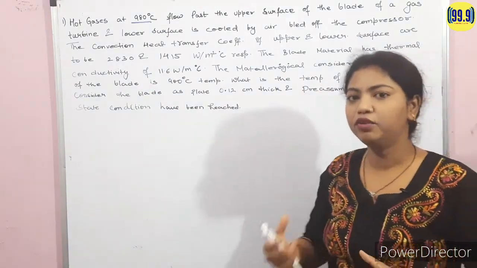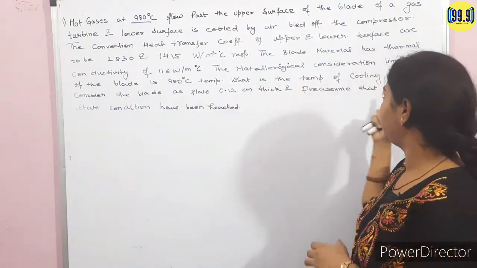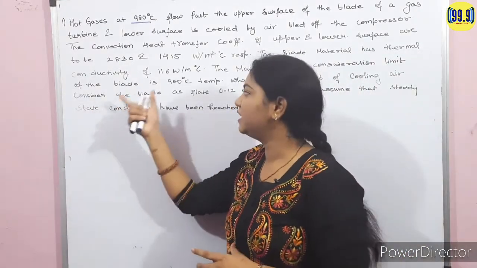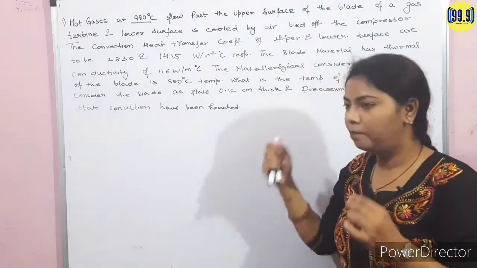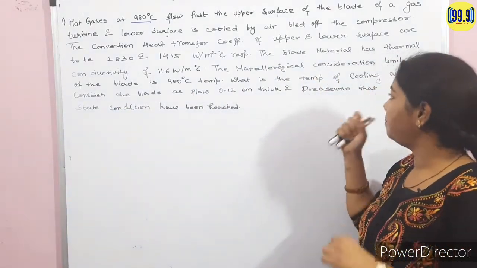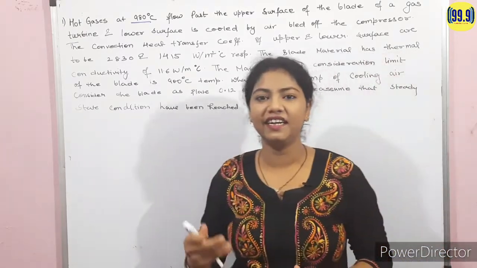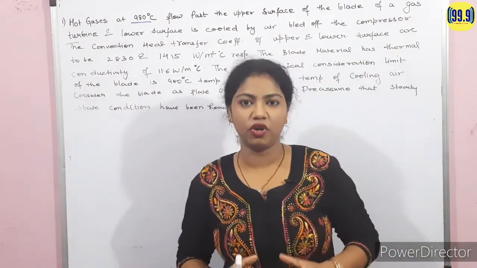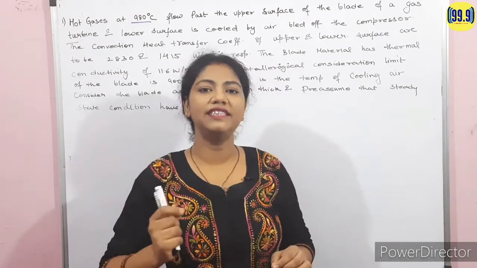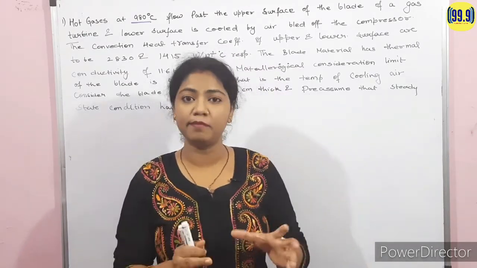So we have to calculate the temperature of the cooling air at that condition. Consider the blade as a plate of 0.12 centimeter thickness and assume that the steady state condition has been reached. So what we have to do first is draw a schematic diagram of the turbine blade.